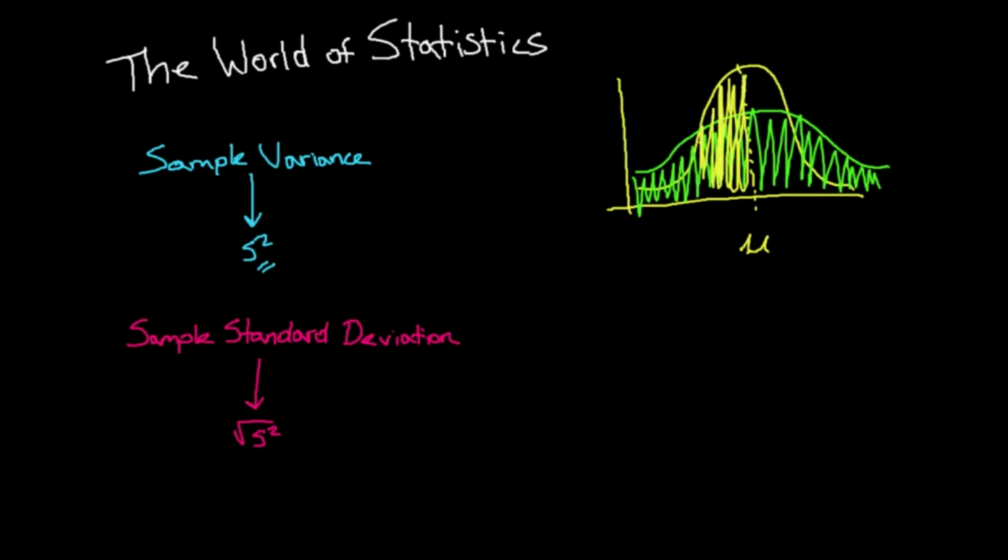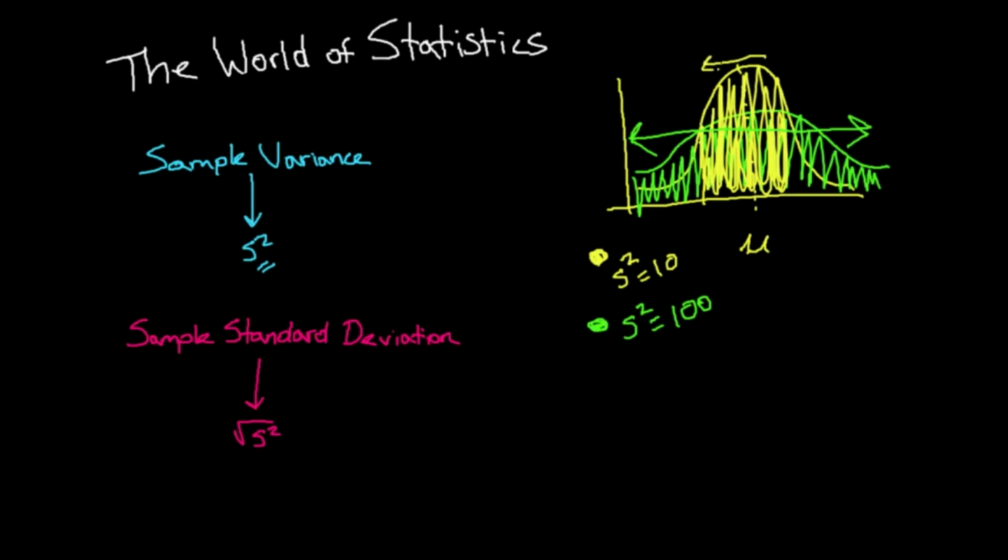We can see that one of them is much tighter and much skinnier than the other. If we think about the yellow group, let's say that has an s squared of 10, and the green group has an s squared of 100. We can see how the spread of this data is so much wider, so much bigger, so much longer across the mean, meaning that our data has really wide spread.